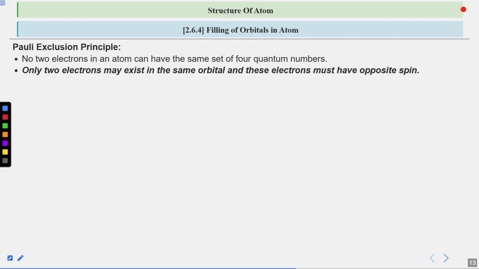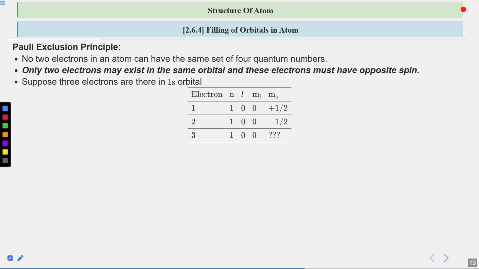So two things are there: no two electrons can have the same spin if they are present in the same orbital, and more than 2 electrons are not allowed in a single orbital. If I try to illustrate it with an example, suppose your 1s orbital is having 3 electrons.